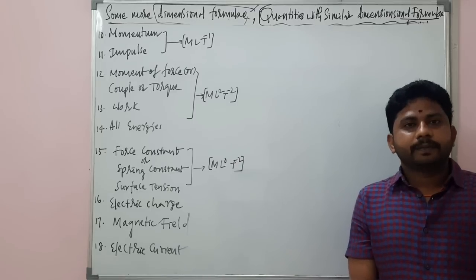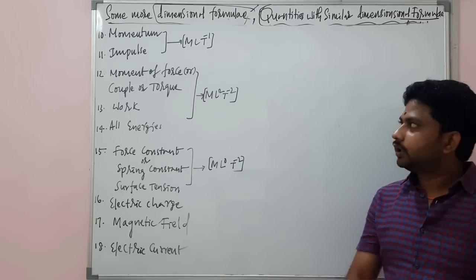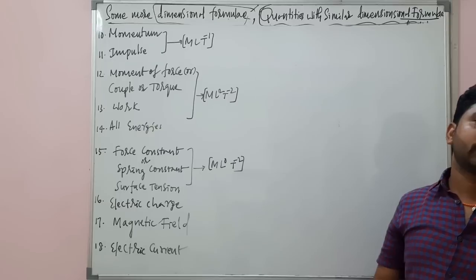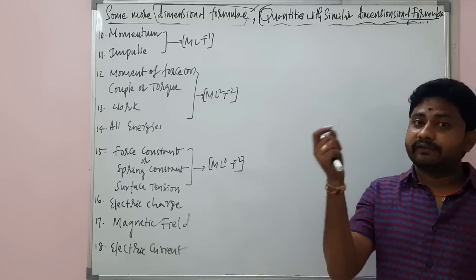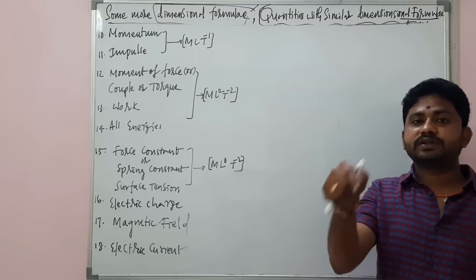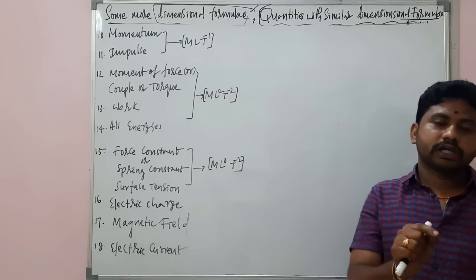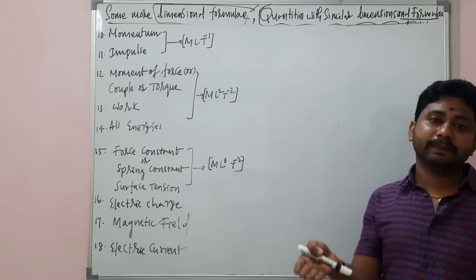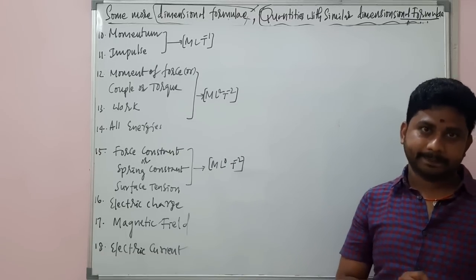My dear students, I believe you have practiced the previous 9 physical quantities and their dimensional formulae. You might have observed similar dimensional formulae among some physical quantities, and some physical quantities do not have any dimensional formula. They are called dimensionless quantities.